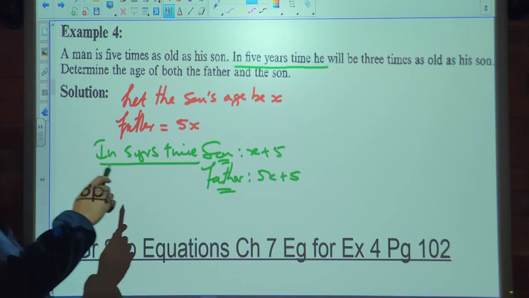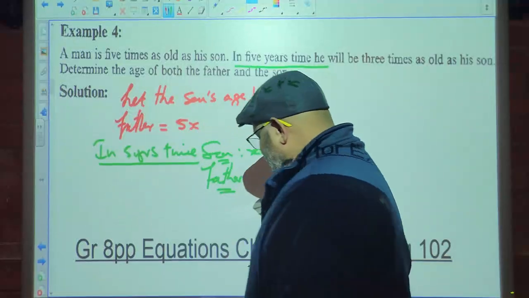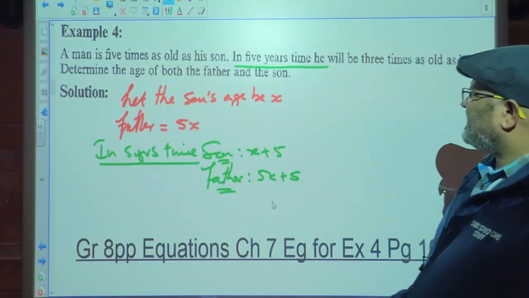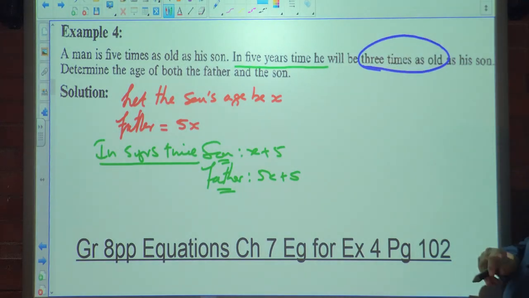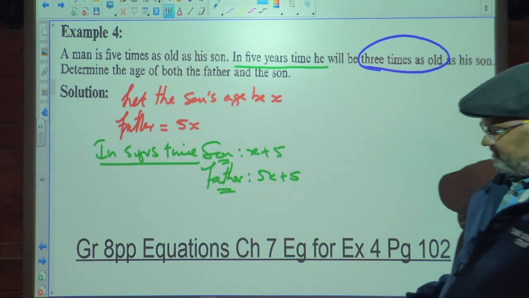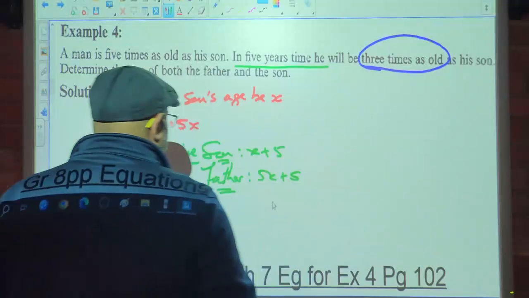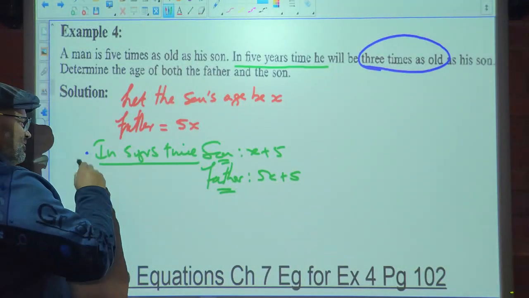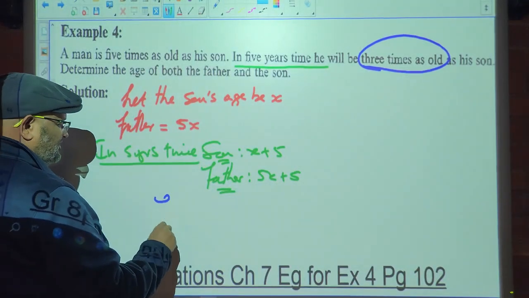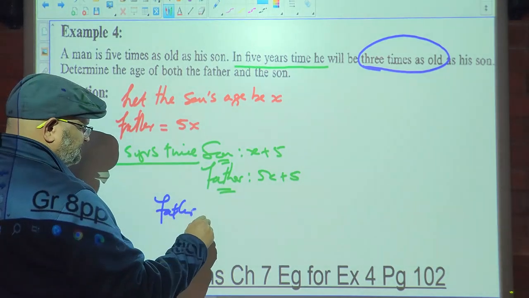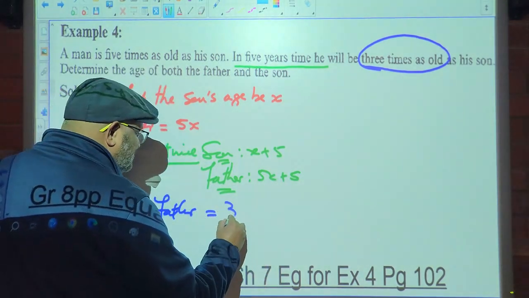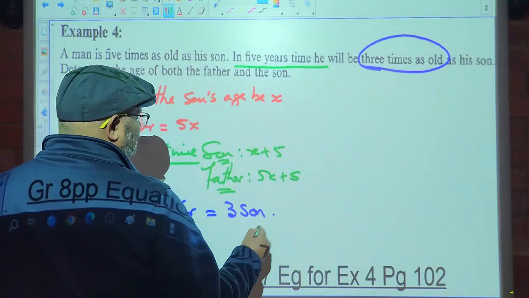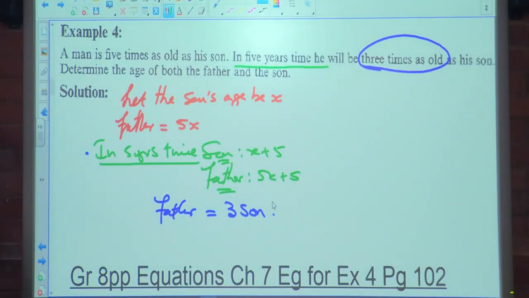So again, in 5 years' time, he will be 3 times as old as the son. Now to take this into account, 3 times as old as the son, which means whatever the son's age is in 5 years' time, you must multiply the son's age by 3 to get the father's age.